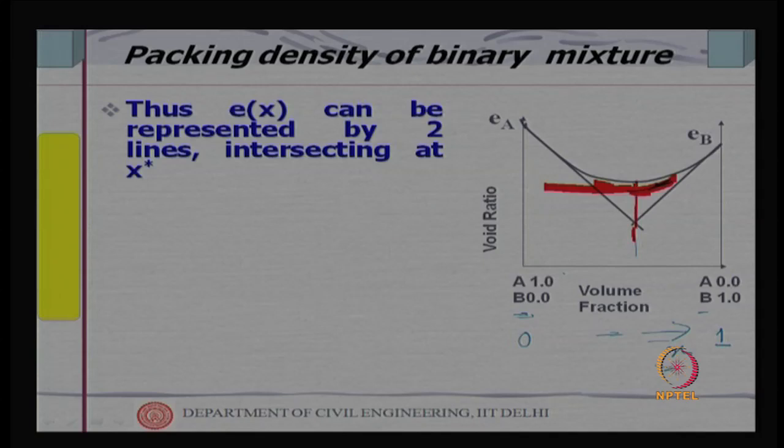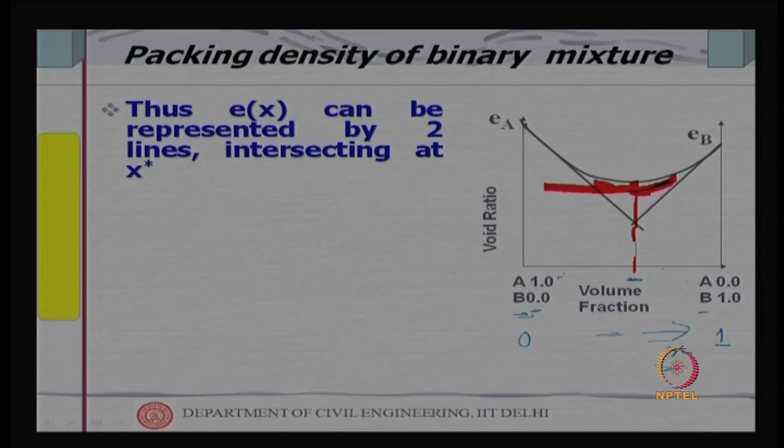But one interesting thing is that, by and large, near this point you will have the minimum packing, very close to what you would have found in the ideal case. The important point here is that there is a specific proportion of B and A where this will be minimum.